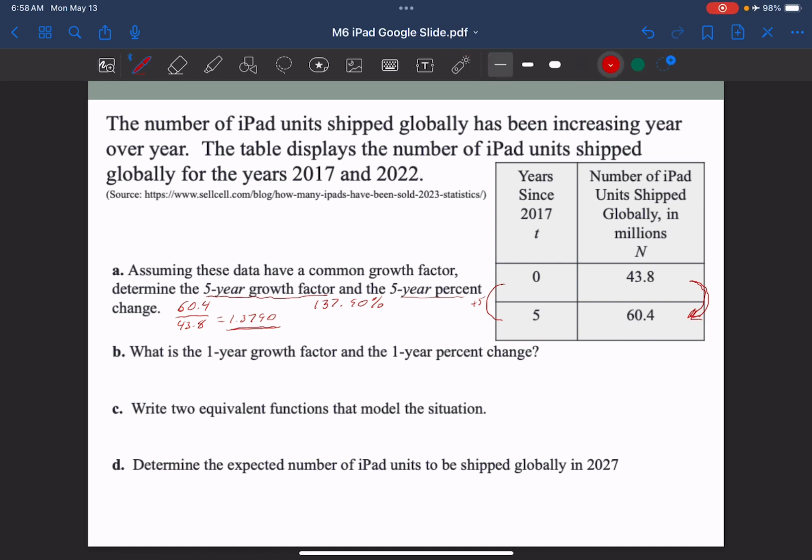Then I subtract out the original 100% that I started with, and I find out that the increase, the 5-year percent change, is 37.9%. So every 5 years, the number of iPad units shipped globally increases by 37.9%. All right, so that's the 5-year percent change. That's the 5-year growth factor.